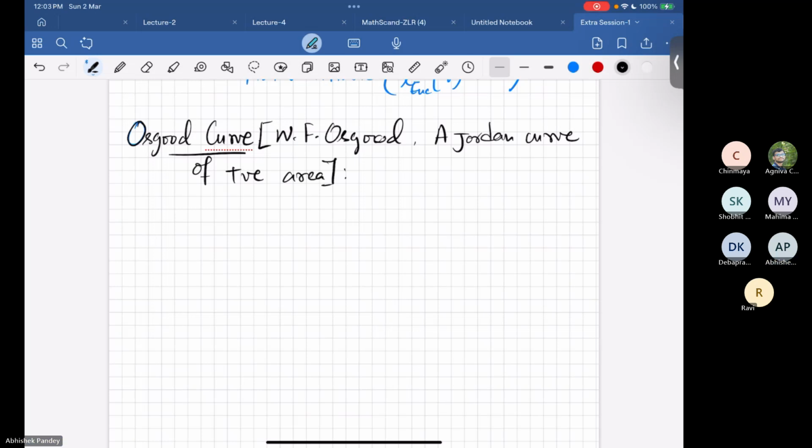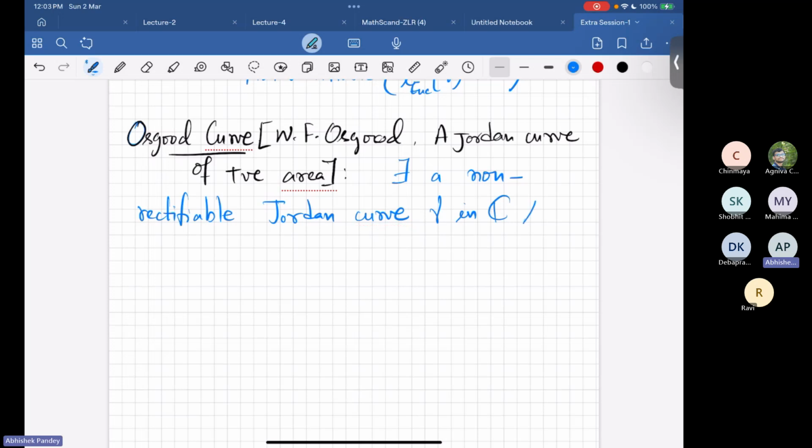It says that there exists a non-rectifiable Jordan curve gamma in C such that its two-dimensional measure is positive.